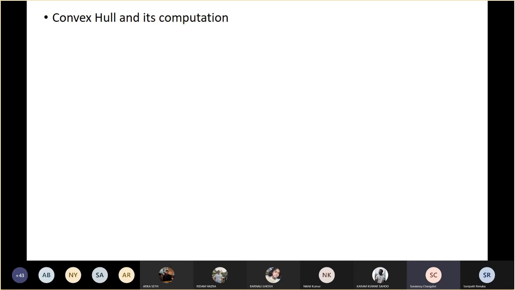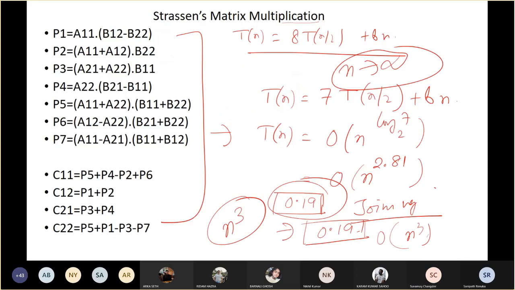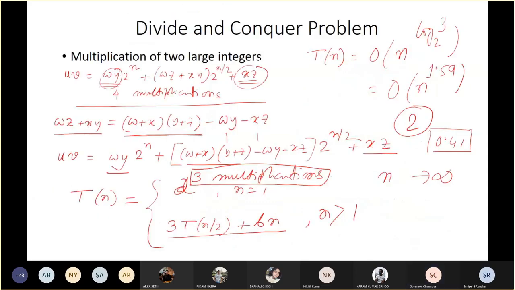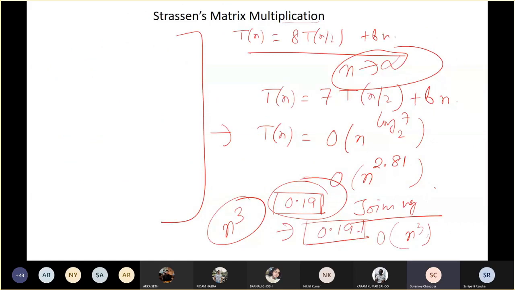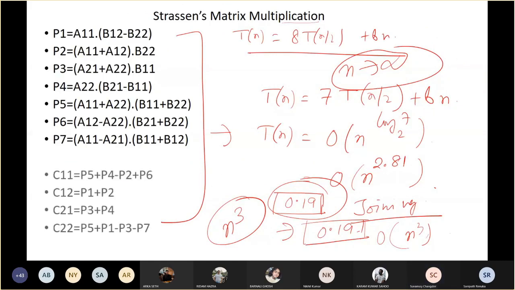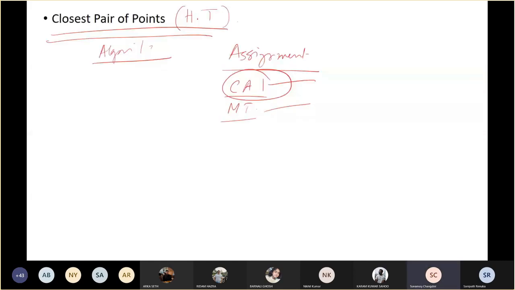We already have some idea about convex hull and how to solve it, but here I will write the whole algorithm and explain with an example. But before that, these two algorithms, multiplication of two large integers and Strassen's multiplication, and this closest pair of points. If you have any doubt or query, you can ask.